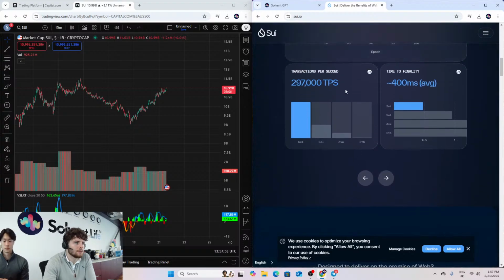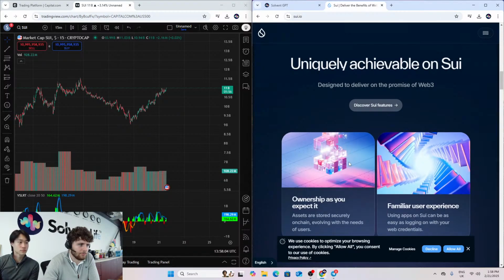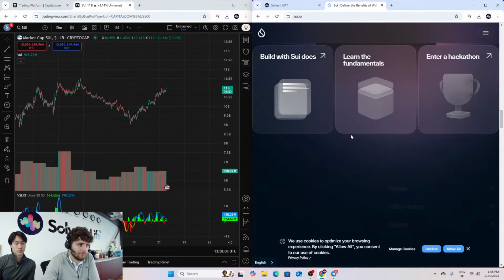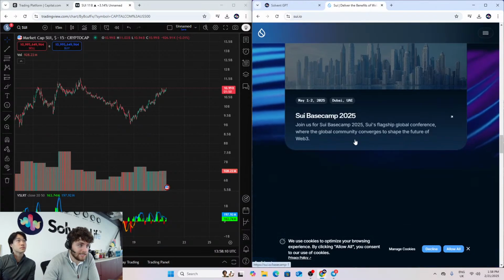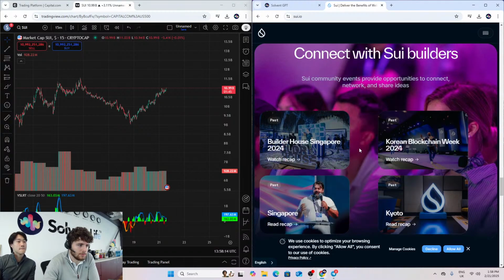Fantastic. So around 300,000 transactions per second. That is incredibly fast. Time to finality around 400 milliseconds on average. Fantastic. So a very fast blockchain, easily scalable. Definitely something you would want to take a look into.